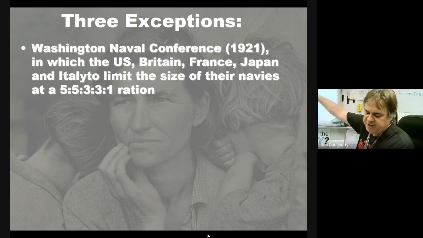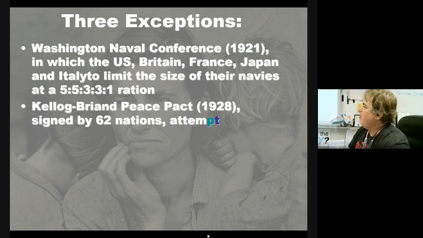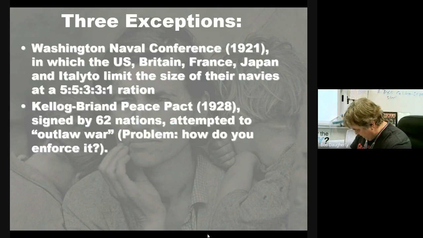So for every 5 ships we had, the British were allowed 5 ships. For every 5 ships we and Britain had, the Japanese were allowed 3. Italy and France were allowed 1.67. And I don't know if you've ever seen a 1.67 ship. It's pretty sad.